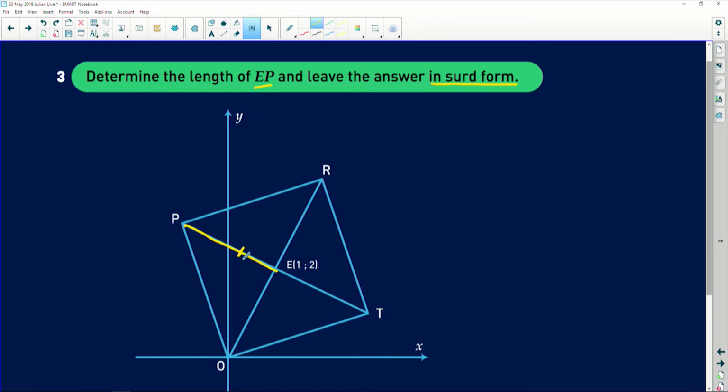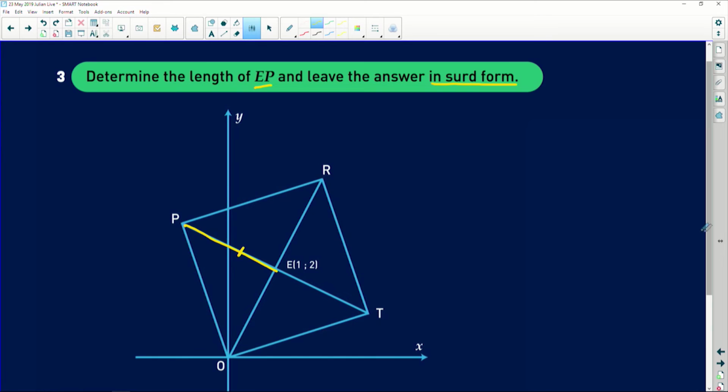Now if you have a look at our diagram, we don't have the coordinate of P. But remember, we're going to use those properties that we discussed earlier with a square. Because it's a square, the diagonals intersect at 90 degrees. But what's also important is that those diagonals bisect one another.